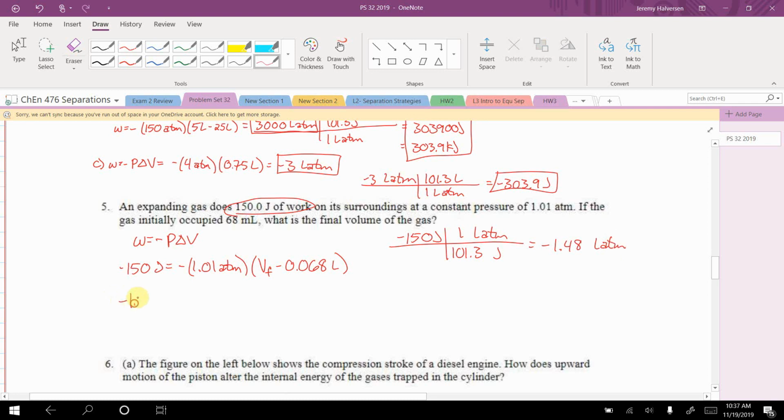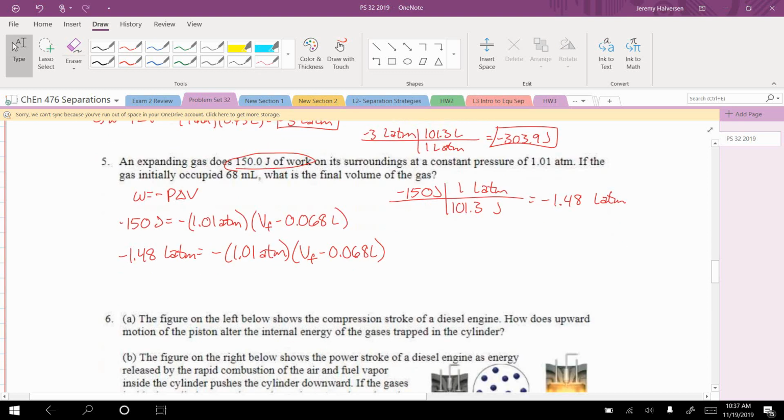So negative 1.48 liter atmospheres equals negative 1.01 atmospheres times the final minus 0.068 liters. Now I can do the math.